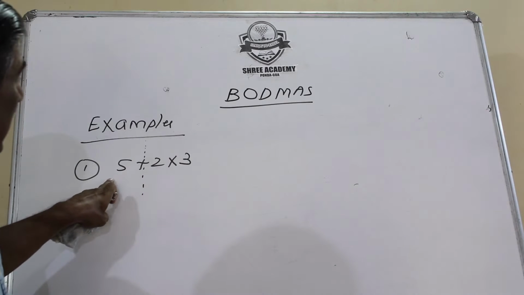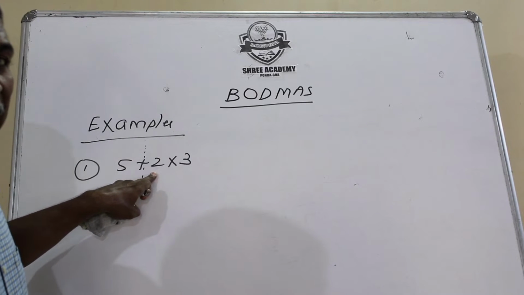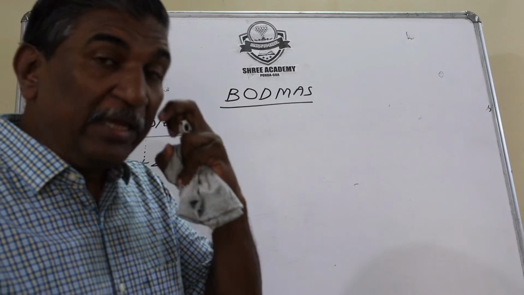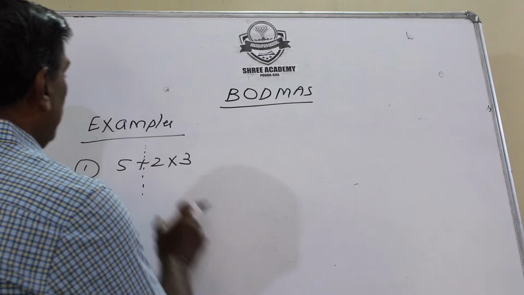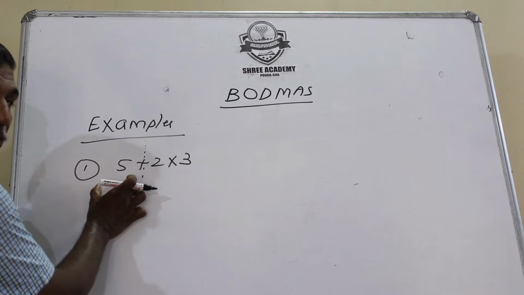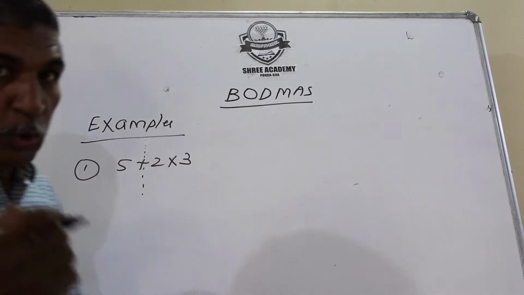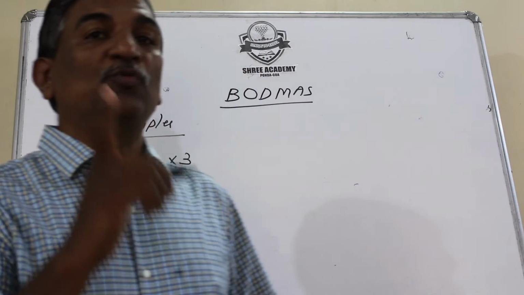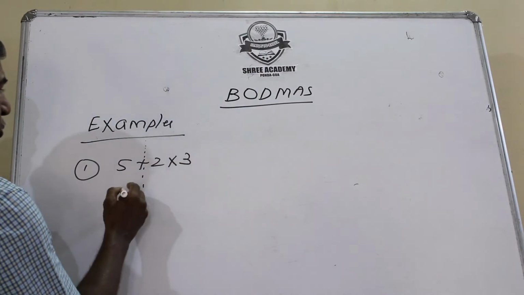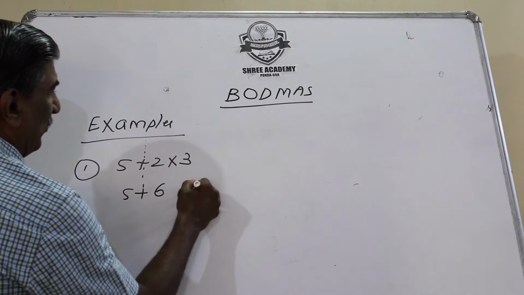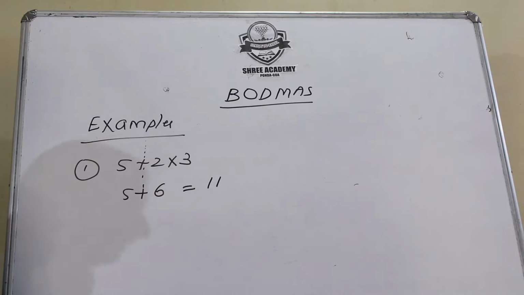Some students add 5 to 2, 7, and 7 into 3, 21. It is a big error. If this is a wall, this part is separate, this part is separate. According to the rules of BODMAS, we have to first multiply. So this will be 5 plus 2 3s are 6, and your final answer is 11.